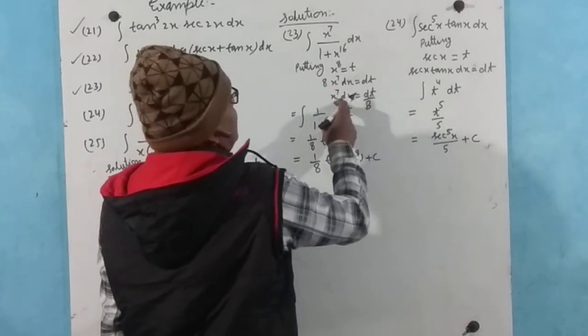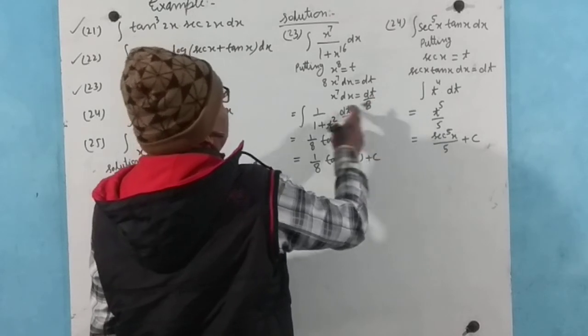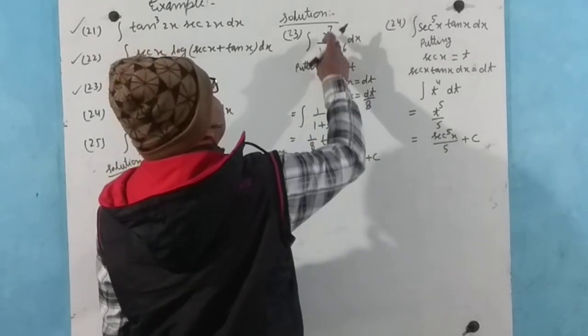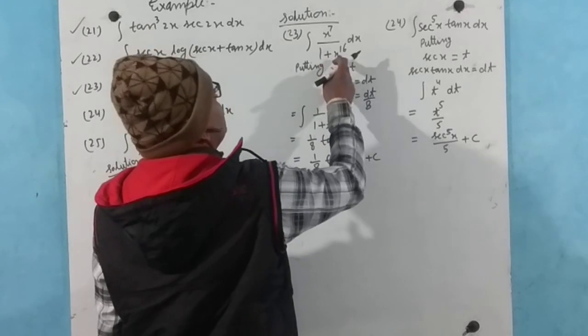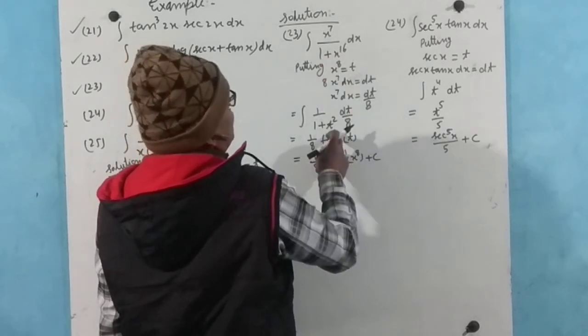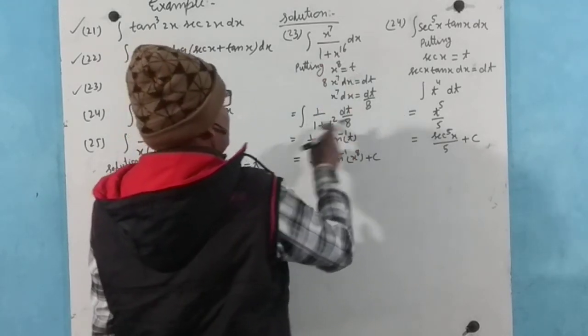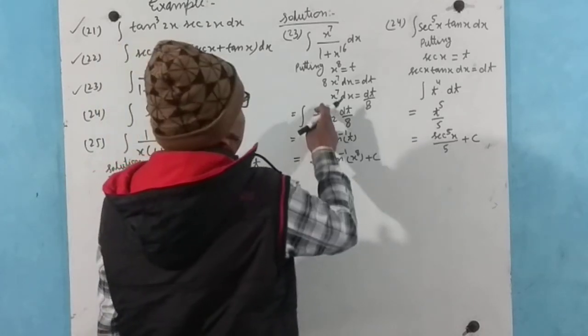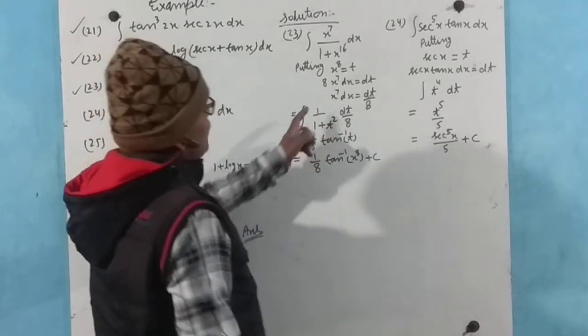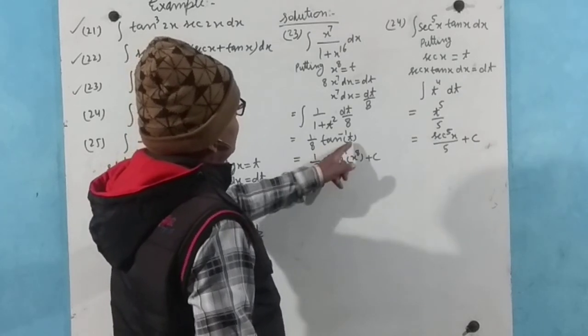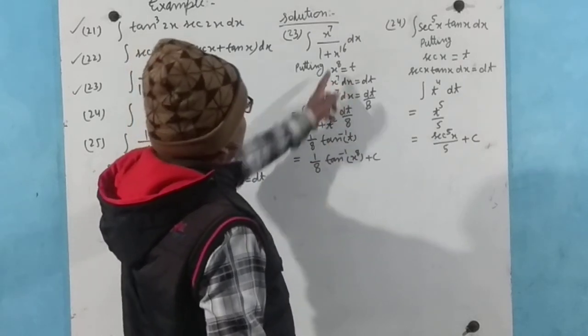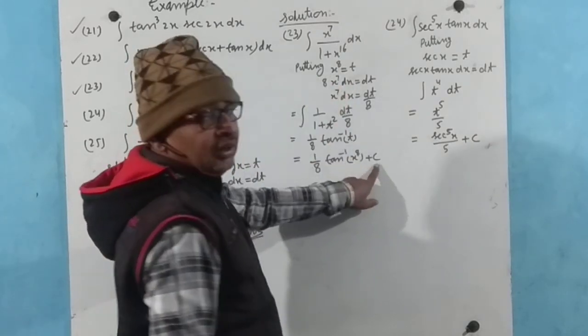X power 7 dx is equal to dt by 8. Now 1 by 8 comes here, and integration of 1 by 1 plus t square equals tan inverse t, putting the value of t here x to the power 8 and c the integrating constant.